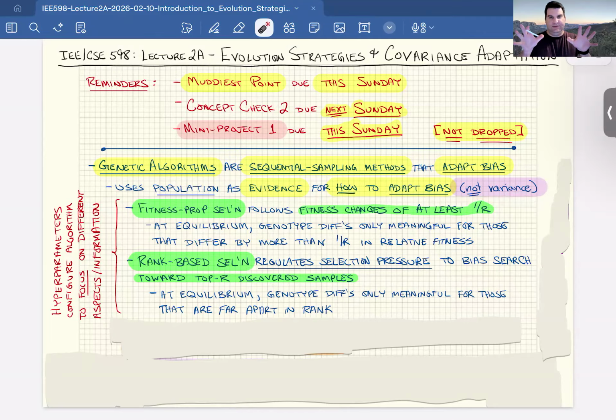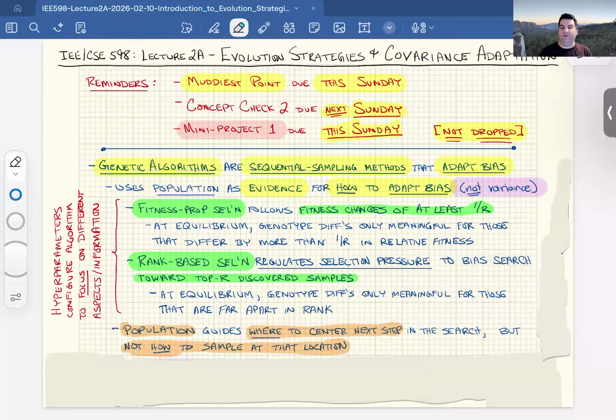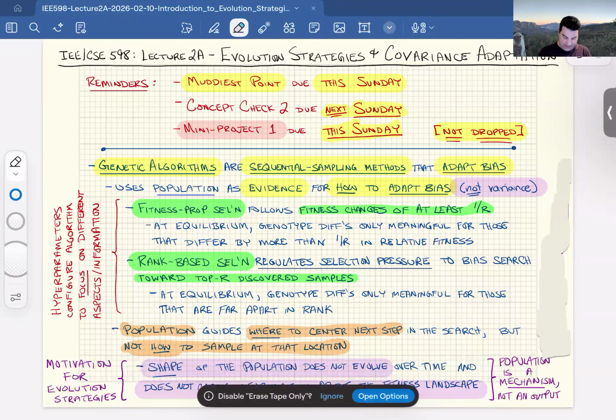The way it samples stays the same once it's centered, but choosing where that center is going to be, that's the bias, and that is being affected by the population. So that's our GA. The population guides where to center the next step in the search, but not really how to sample at that location.